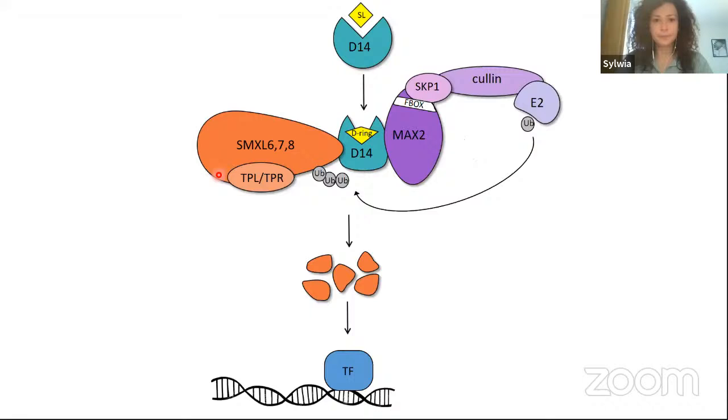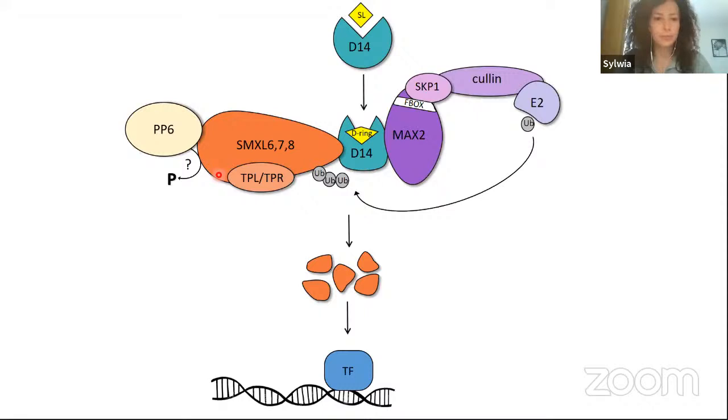To summarize, to the slide that I showed you in the beginning about strigolactone signaling, we can add some new components. We could show that the PP6 phosphatase complex is interacting with SMAX7. Whether its function is to dephosphorylate SMAX7 is still under study.